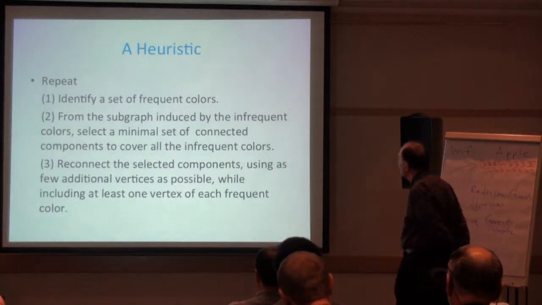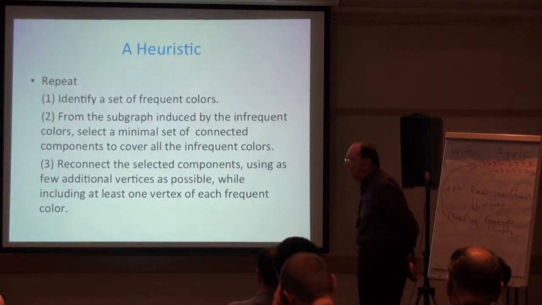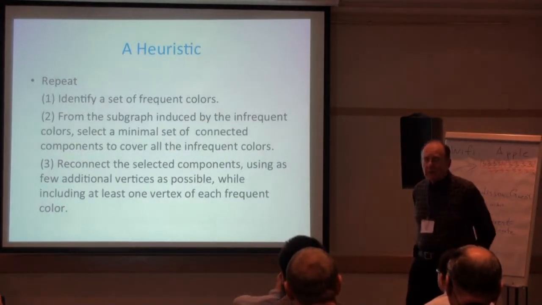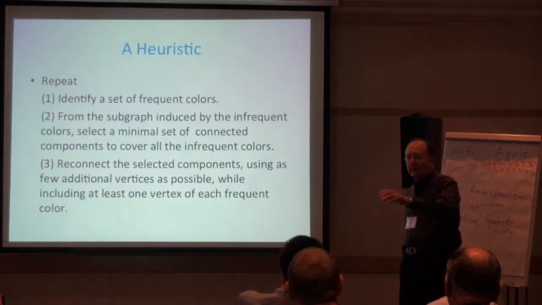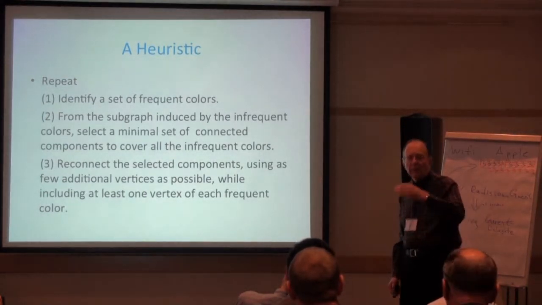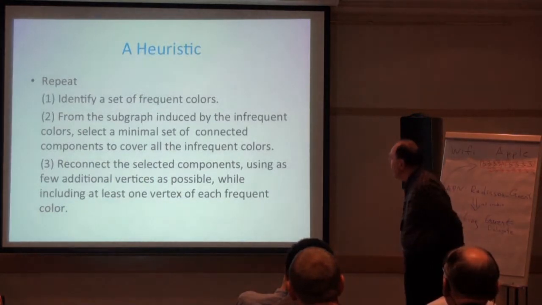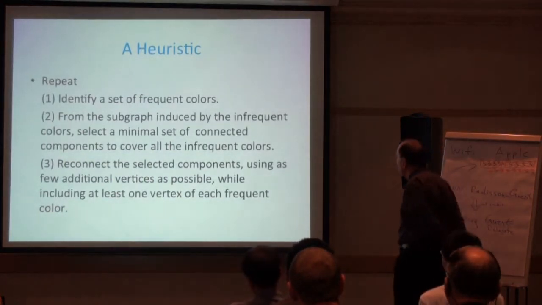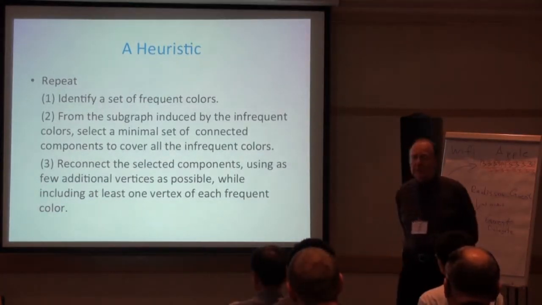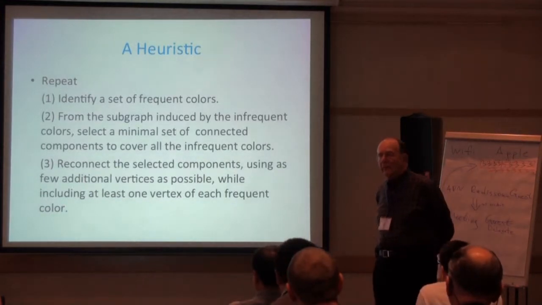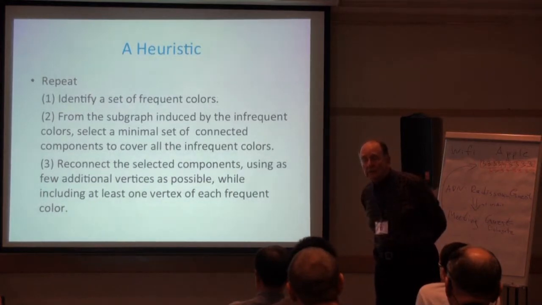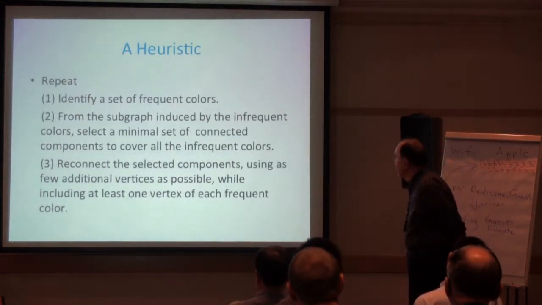So the idea of this heuristic is to gradually prune vertices away from a big graph until we can get a smaller connected graph which still contains at least one vertex of each color, and keep pruning away as long as possible. And the way we prune is to look at the frequencies of occurrence of the different colors and identify a fairly small set, let's say the 5 colors that occur most frequently in the graph.